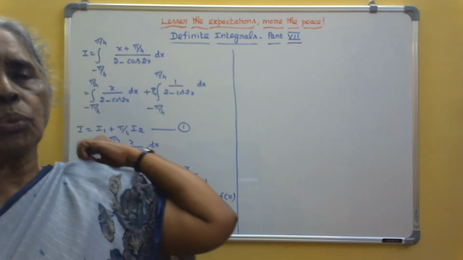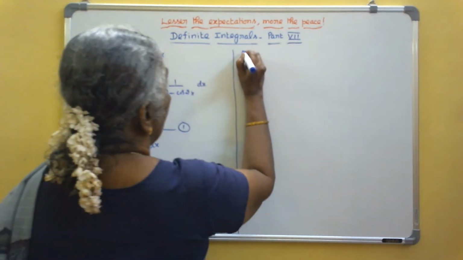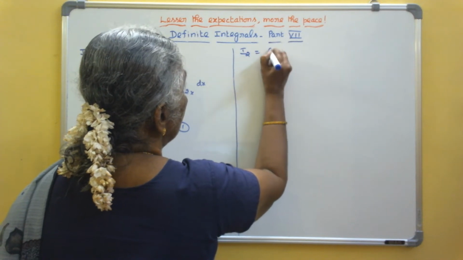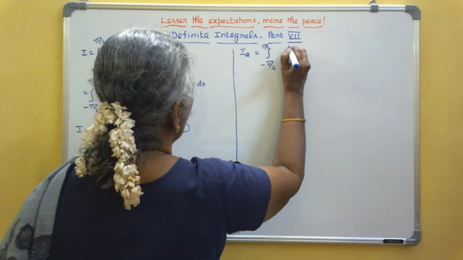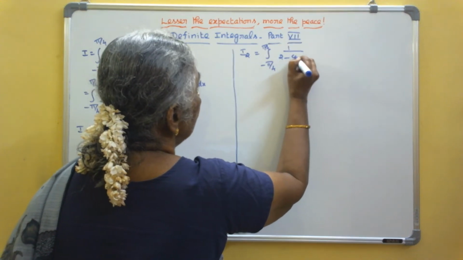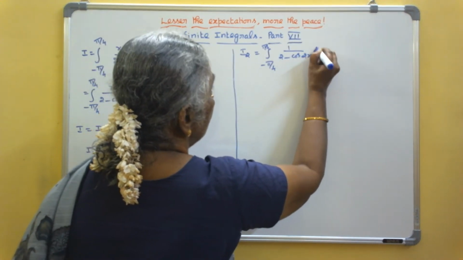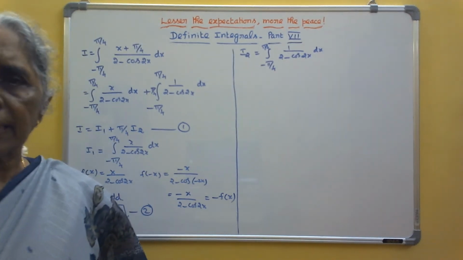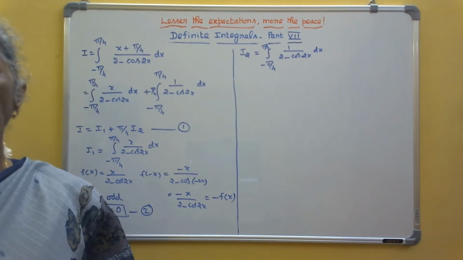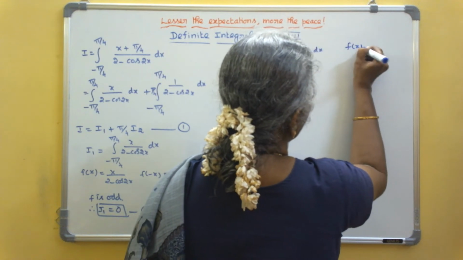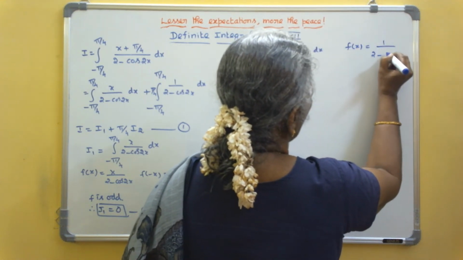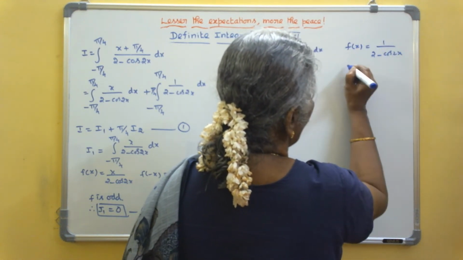Now let us come to I2. Now I2 is equal to integral minus pi by 4 to pi by 4 1 by 2 minus cos 2x dx. Let us check whether this is an odd function or even function. Here the f of x is 1 by 2 minus cos 2x.